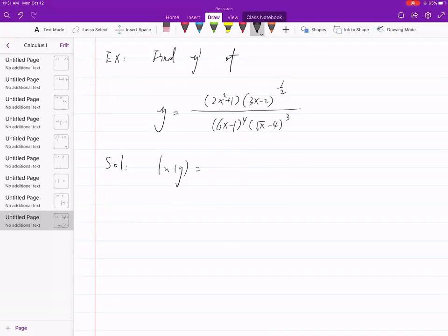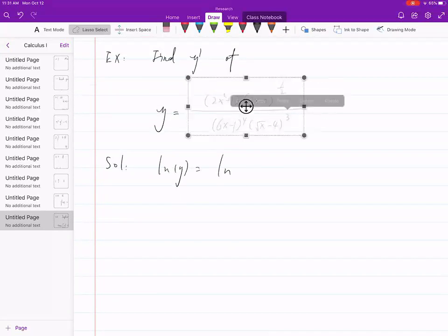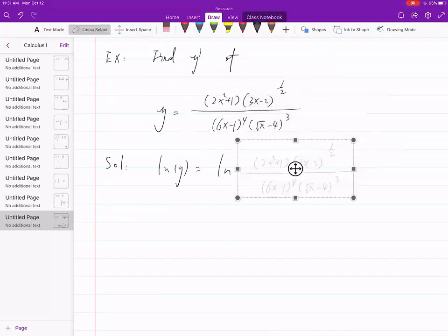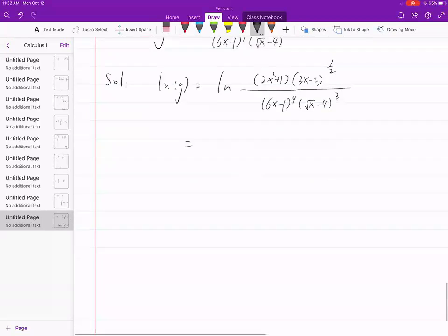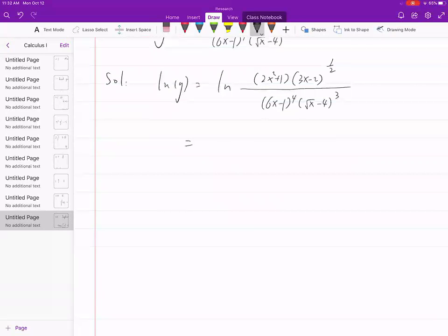If y equals that, of course ln y equals ln of that. Now, if I apply ln on this thing, by the property of log, if you see a multiplication, you take a summation. If you see a dividing, you take a minus.